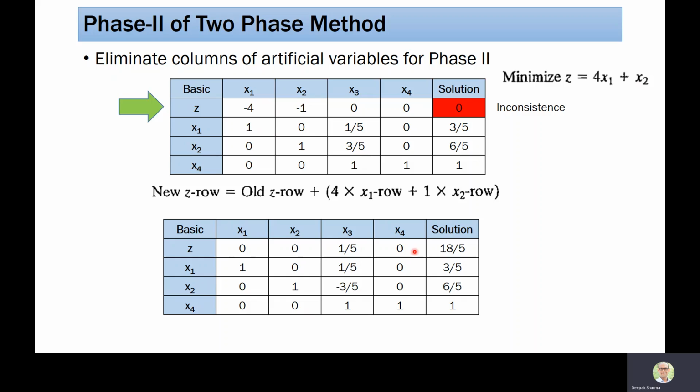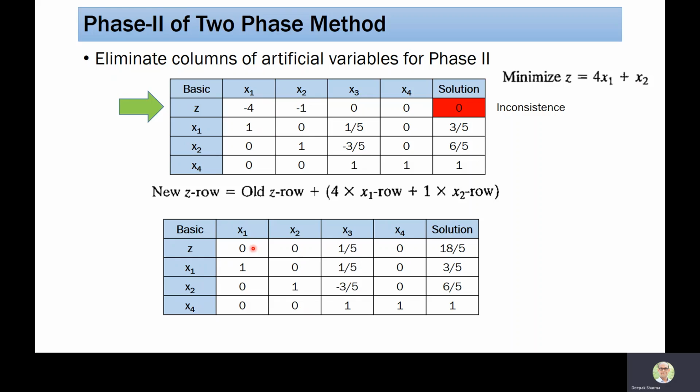Why? Because you remember that x1 has entered, and that's why x1 is here. As soon as it becomes basic, the coefficient becomes 0, because it is not going to enter or leave the table here.